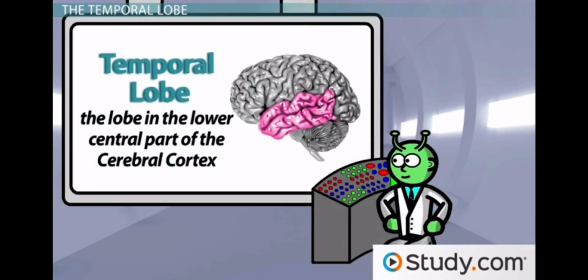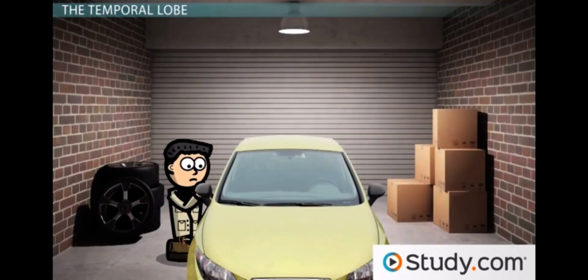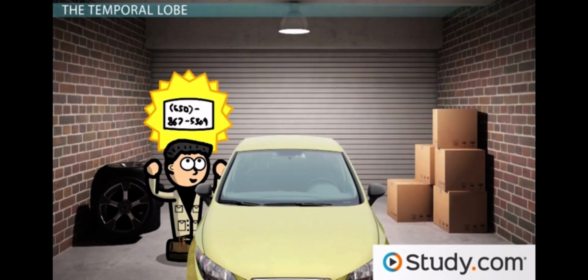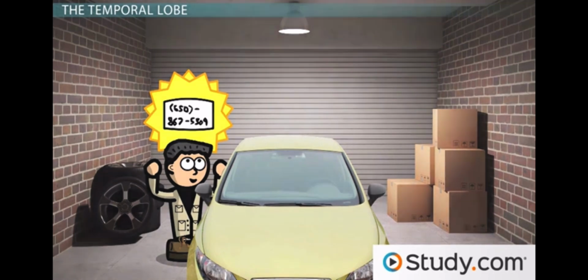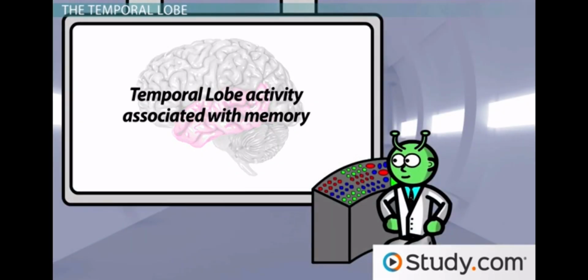Blur could also see that the temporal lobe of the cerebral cortex, or the lobe in the lower central part of the cerebral cortex, was showing lots of activity. Then Phil remembered that he had left the piece of paper in his car. He went to the car and retrieved the paper, and the activity in the temporal lobe came back down to normal levels. Blur noted the time and then entered an observation into the computer. Temporal lobe activity associated with memory.